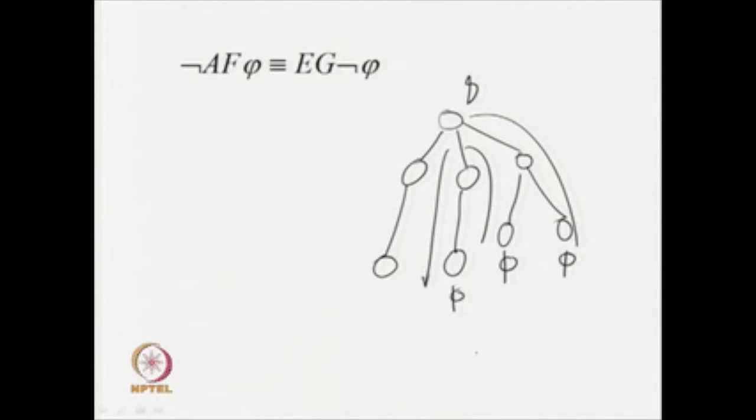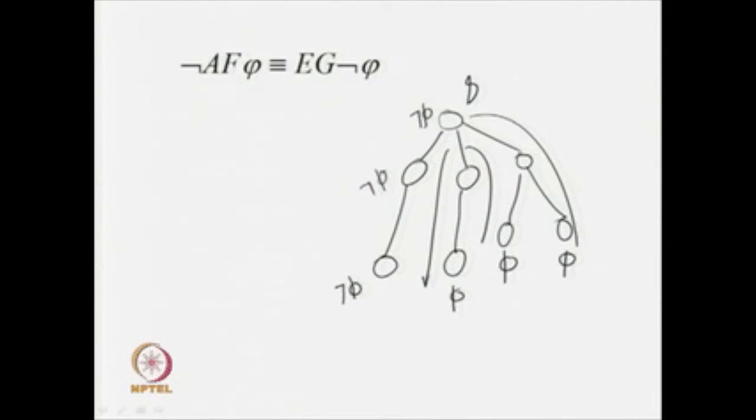Now this is equivalent to saying that there exists a path where globally not of phi holds. So I say that this is where not of phi holds. Since not of phi holds here, maybe A F phi may not be true in this path, but what will happen in the other two paths? If phi holds over here, then F phi holds in this particular path. So not of phi must be true over here, and similarly in S0 also not of phi must be true.